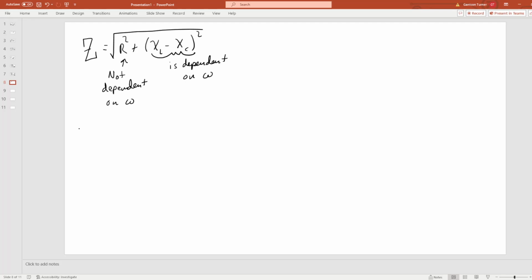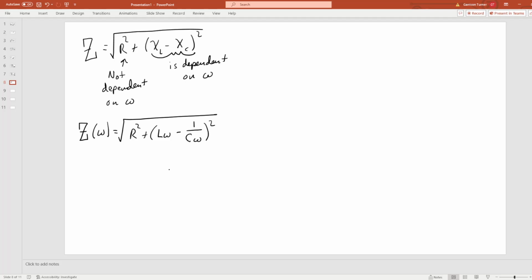And so, therefore, Z is a function of omega. All right? So your total impedance will change as you adjust the angular frequency. Okay? Now, let's actually write out what these formulas are. So chi sub L is L times omega minus 1 over C times omega. Okay, and this quantity gets squared.